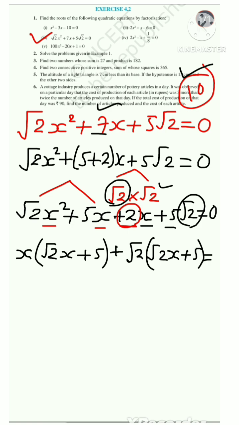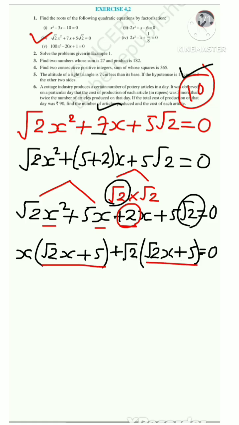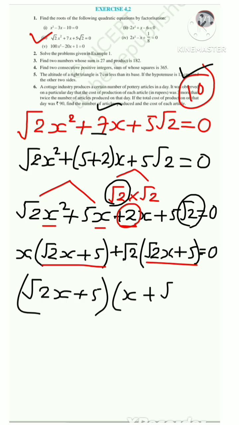And here we can say these two are common, so root over 2x plus 5, and here remains x plus root over 2 equal to 0. Now make root over 2x plus 5 equal to 0, so that we obtain the value of x.